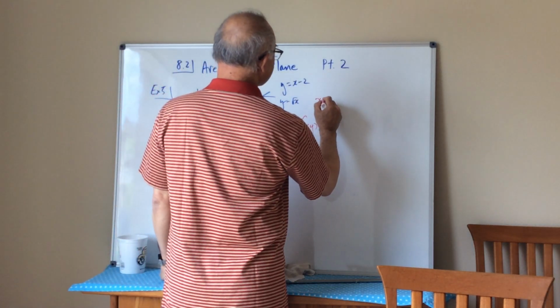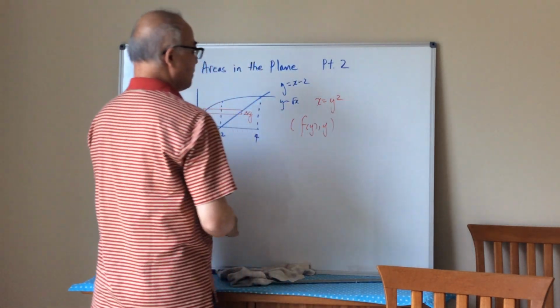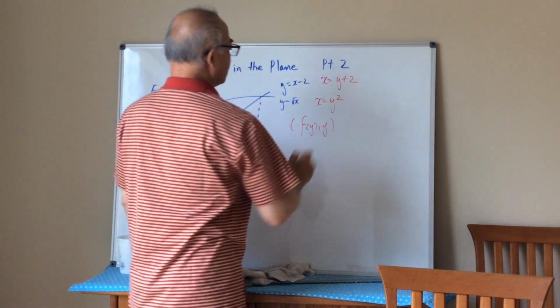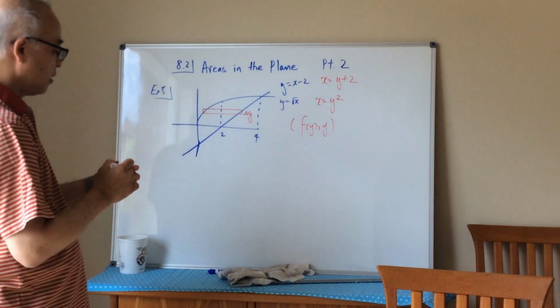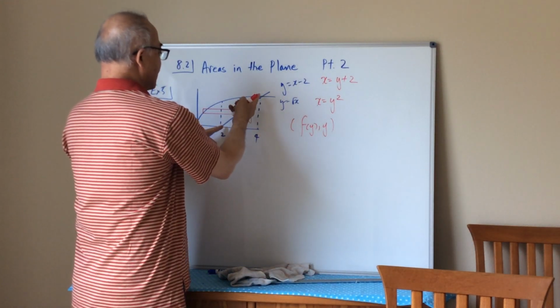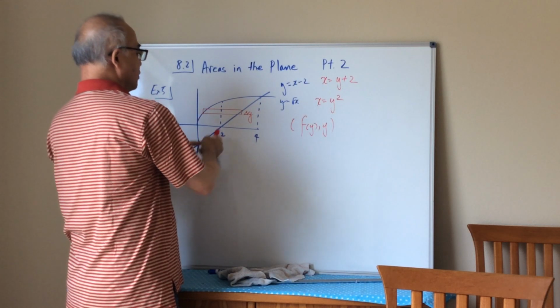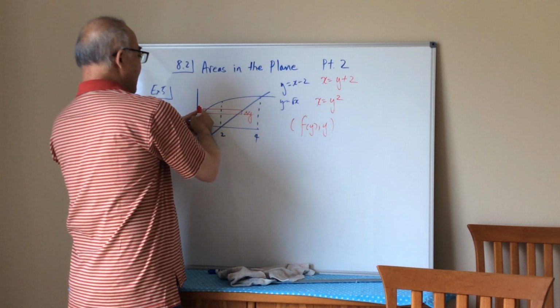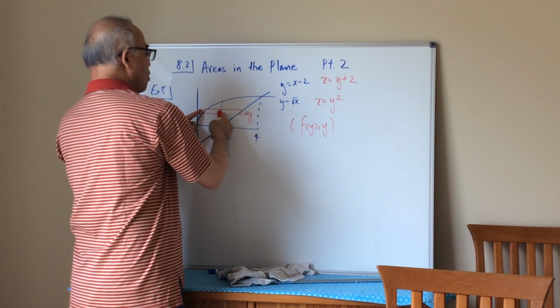This is going to be x is equal to y squared, right? This guy over here is going to be x is equal to y plus 2. So this guy is the top function, and this guy is the bottom function. In other words, this has a greater x value than this guy at the same y.